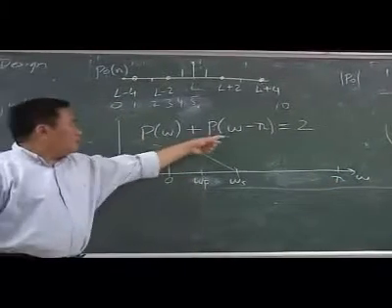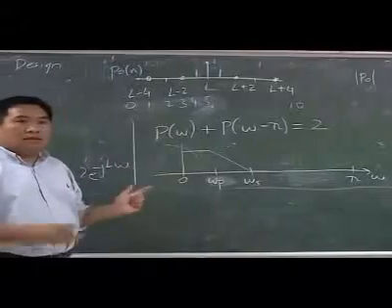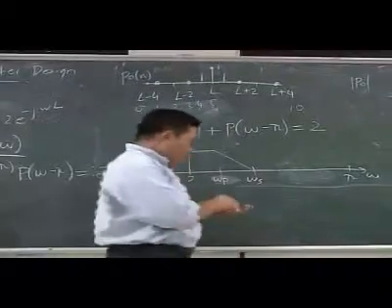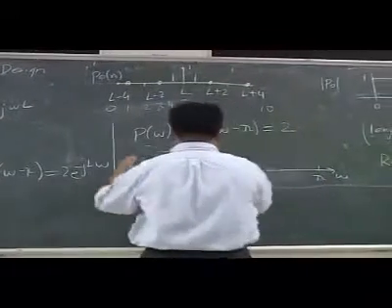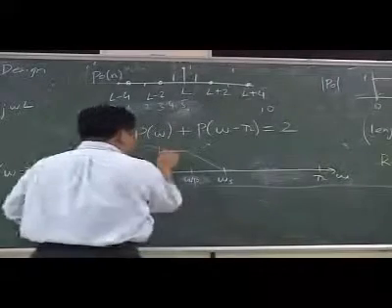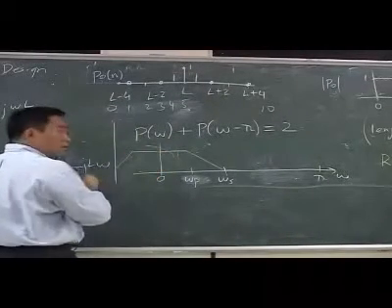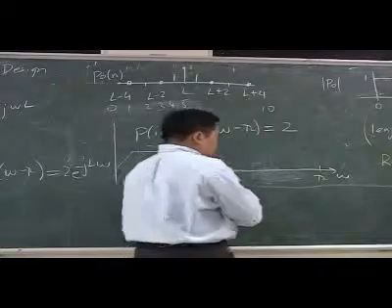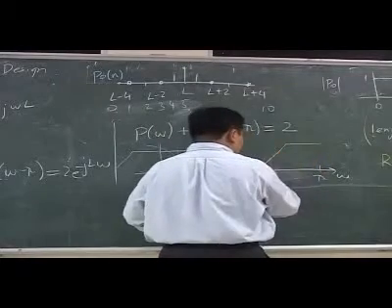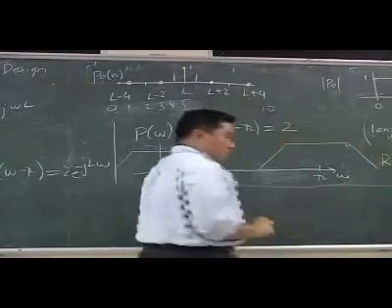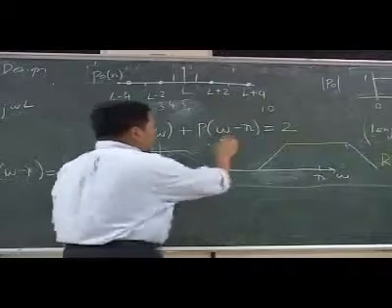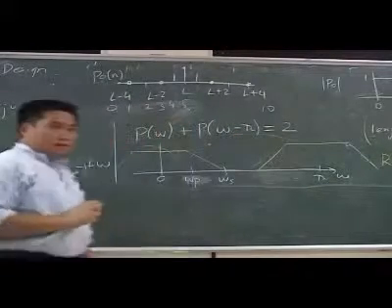How do I plot P of omega minus pi? You shift by pi. So we would have this, which is real. It's going to be like that, right? We shift by pi, we would have that, and so on. So this is P of omega minus pi.